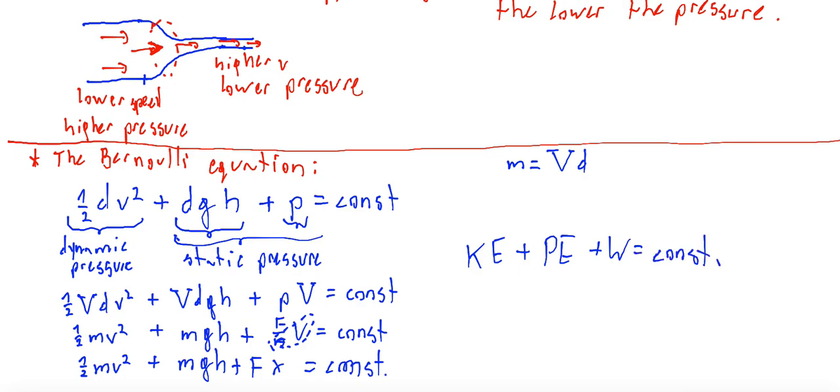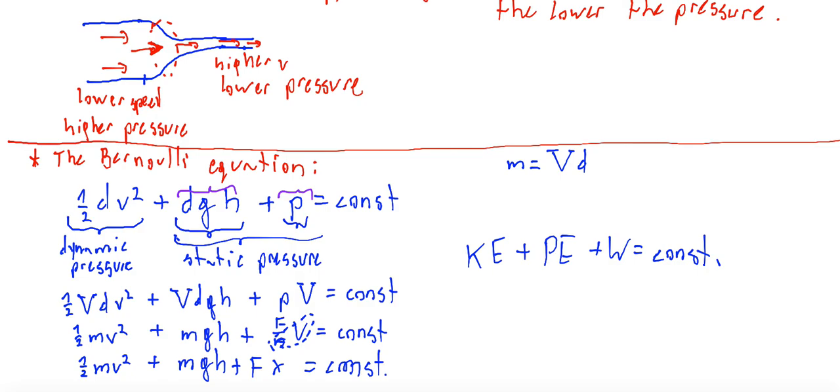So the Bernoulli equation is something like a law of conservation of energy for a fluid. Okay, it consists of two parts: the dynamic part, dynamic pressure related with movement of the fluid, and the static part, static pressure related with fluid which doesn't move, or you see that this is something like a hydrostatic pressure plus, let's say, atmospheric pressure.